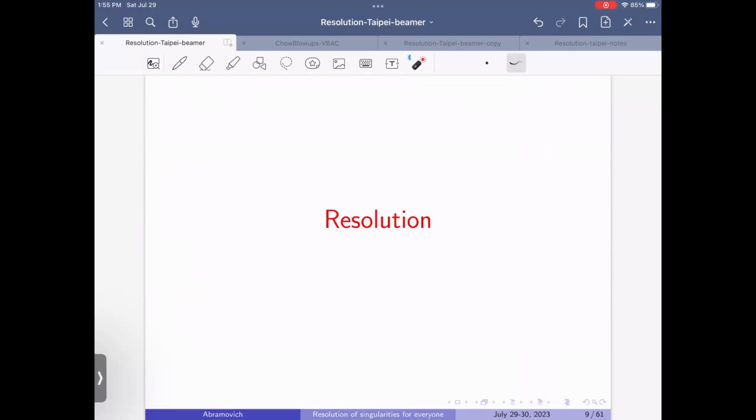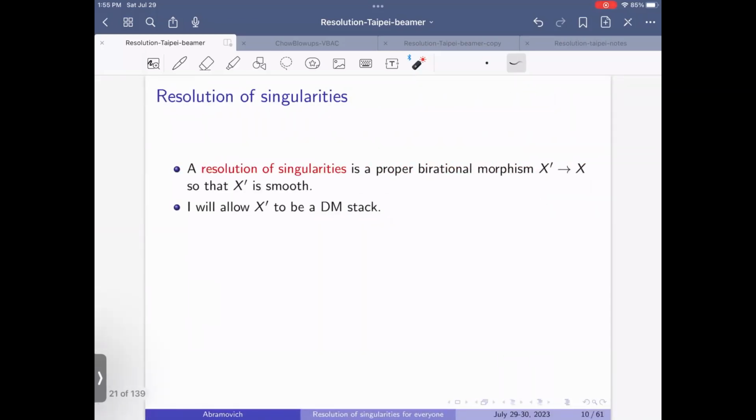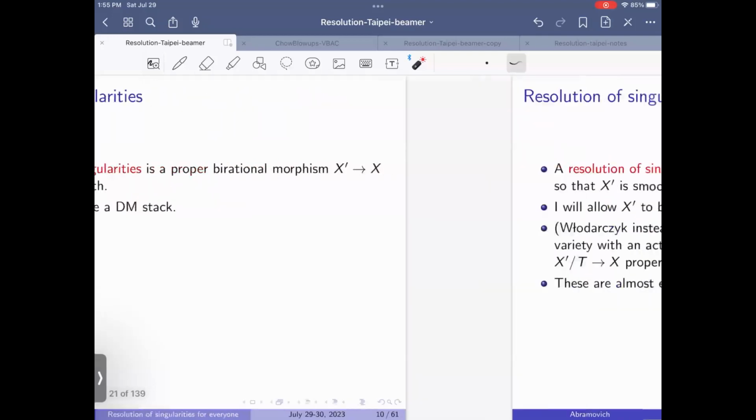Are we ready to talk about resolution? Okay. What is a resolution of singularities? It's a proper birational morphism from something X prime to X, so that X prime is smooth. And again, I will allow X prime to be a Deligne-Mumford stack. I'm satisfied by resolving by a Deligne-Mumford stack.